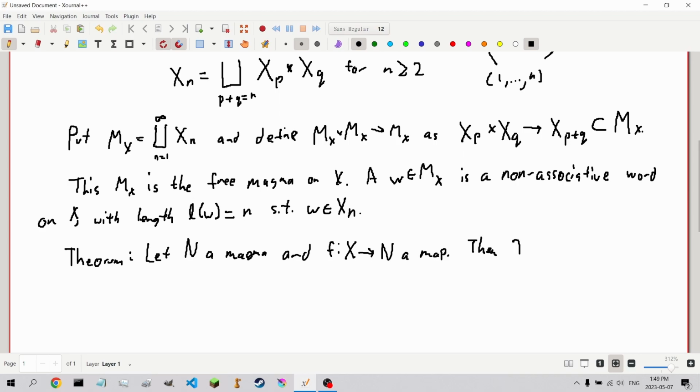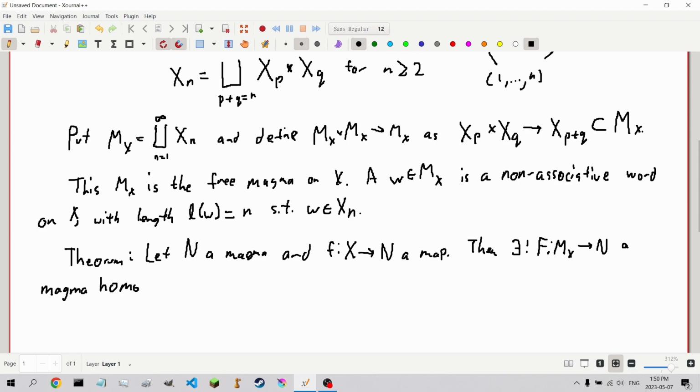Then there exists a unique f from the free magma of X to N, which is going to be a magma homomorphism.